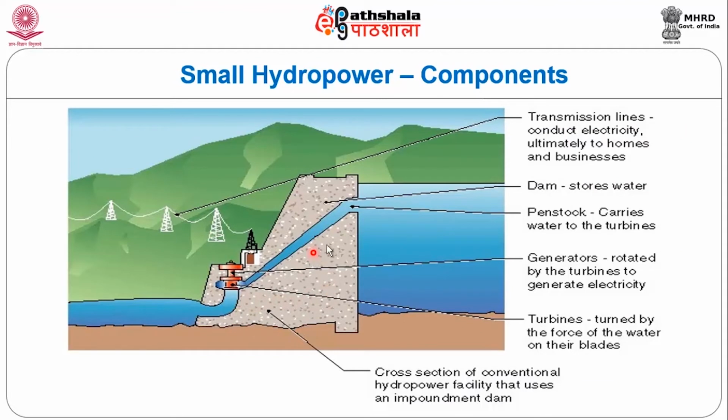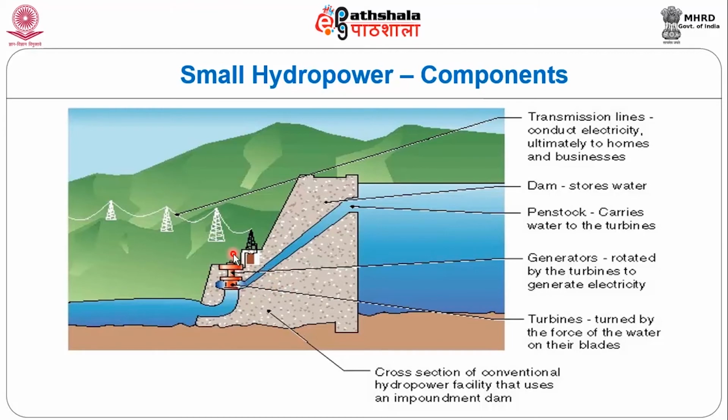Here is the transmission line. After the power generation, the power is distributed through the transmission line. This is the dam storage to store the water, and this is the long penstock, through which the water gushes out, and it enters the turbine blades.